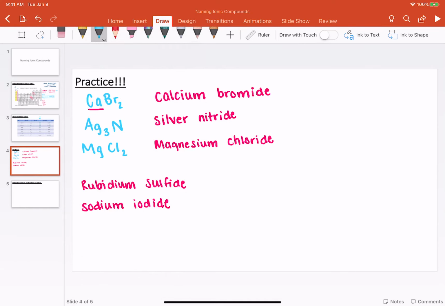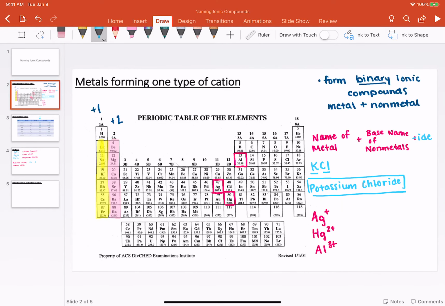So first we have rubidium. So rubidium is Rb, and we know that sulfur is S. And in order to write these chemical formulas, we have to figure out what are the charges on this metal and the nonmetal. So we can go back to our periodic table and find rubidium. Rubidium is here, number 37.